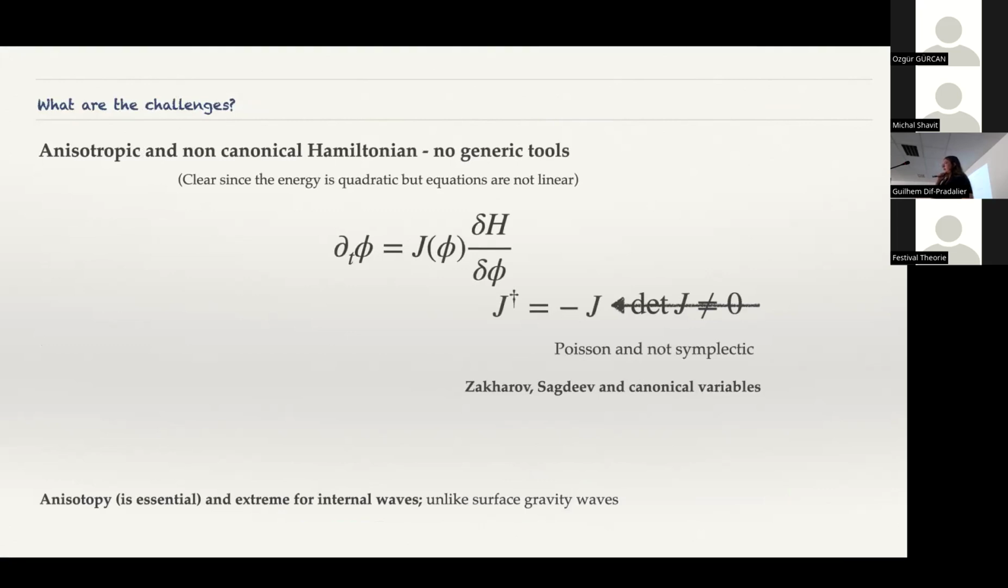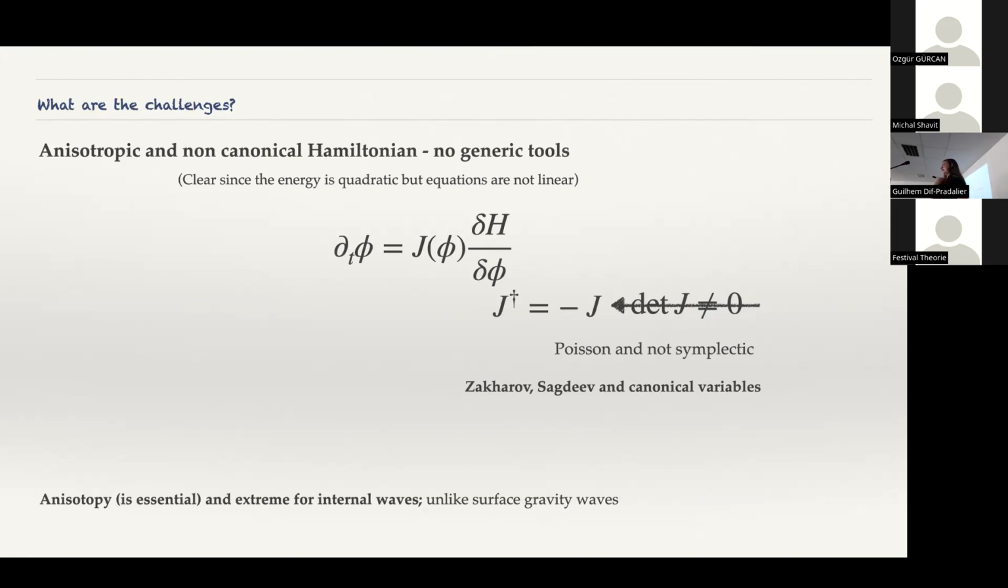And if you ask yourself what the challenges are, one challenge with respect to, for example, isotropic systems. There is a nice story behind the love of canonical Hamiltonians and canonical variables in weak wave turbulence.